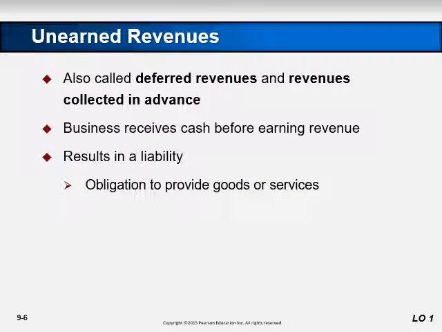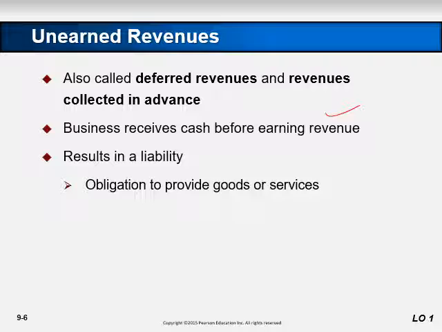Unearned revenue means you receive the amount but you did not perform the revenue. It means you receive the sales amount in advance. So the business receives cash before actually earning revenue. In that case, you cannot claim this as a sale, because you did not deliver the goods, or the possession or ownership of the goods was not transferred to the customer.